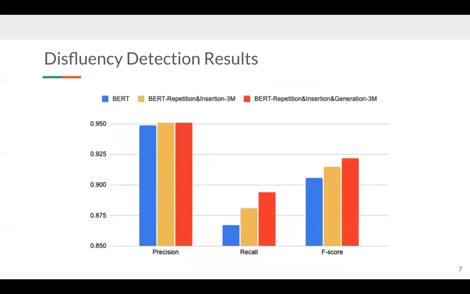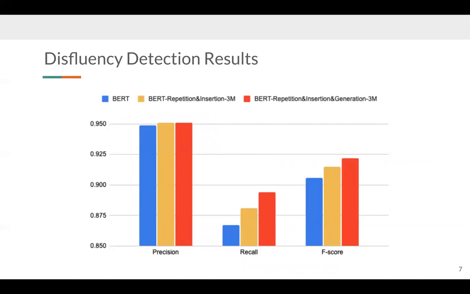Finally, we report our disfluency detection results. Our baseline model is a BERT sequence labeling model. After adding augmented disfluent sentences generated by repetition and insertion, it improves the performance.